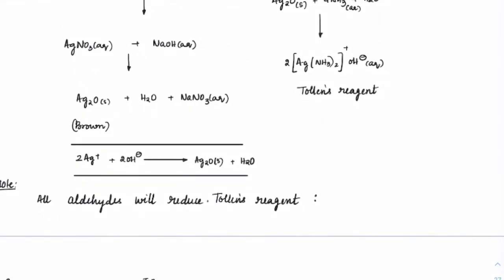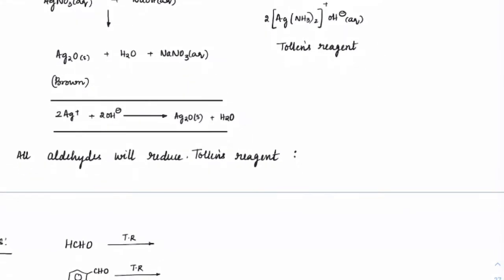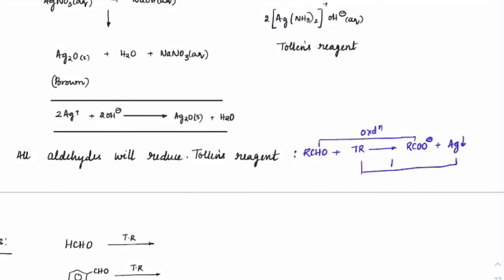Now, once we get the Tollens reagent, our next objective is to react that with an aldehyde. So suppose you have RCHO, any aldehyde, and I treat that with Tollens reagent, I would get RCOO minus plus Ag, which means the aldehyde has undergone oxidation and Tollens reagent has undergone reduction.